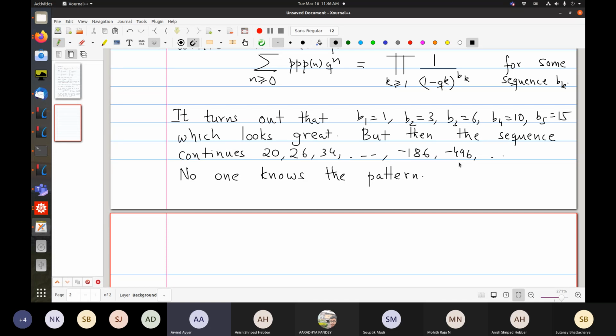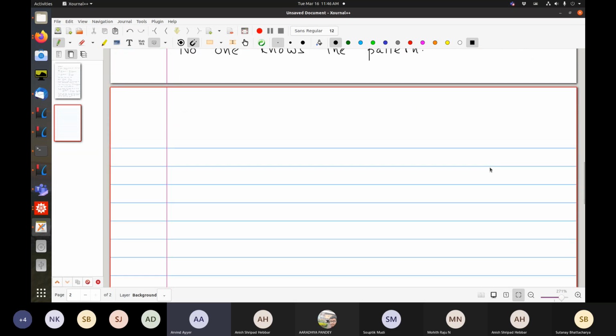For that, I have to introduce a little bit of graph theory, not much, just enough to get us going. So I want to talk about perfect matchings or the Dimer model.